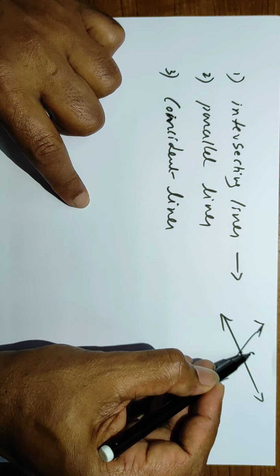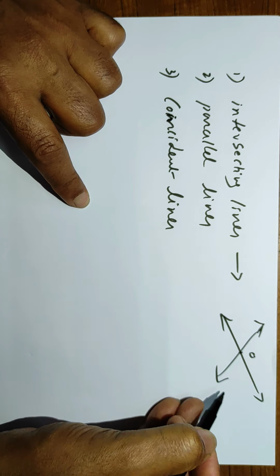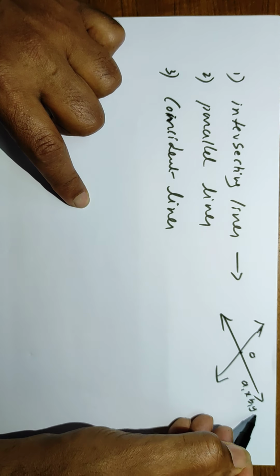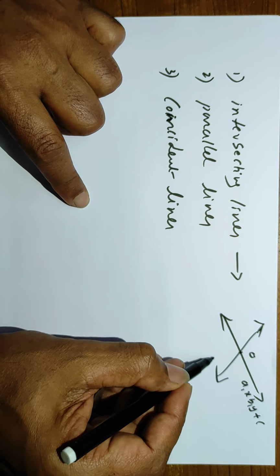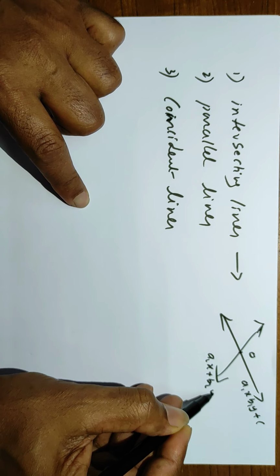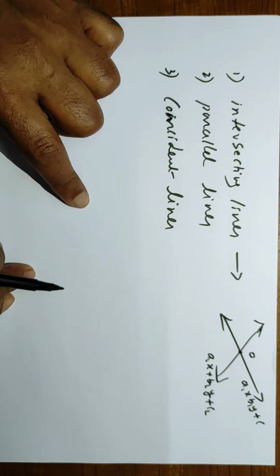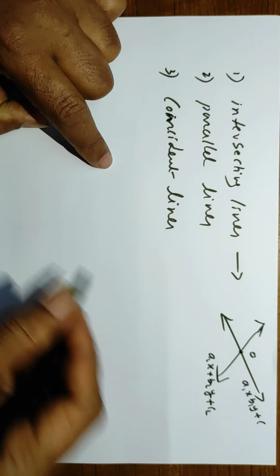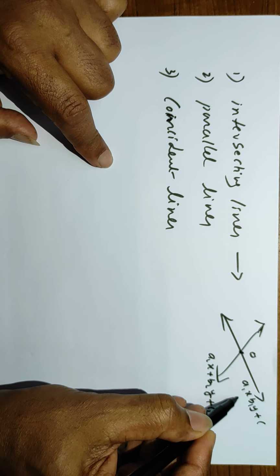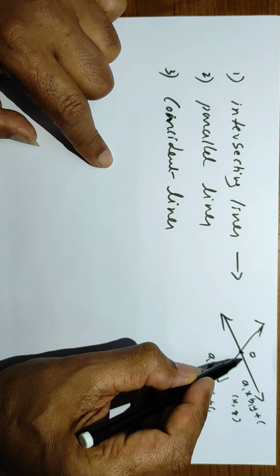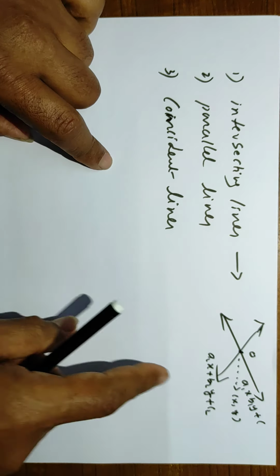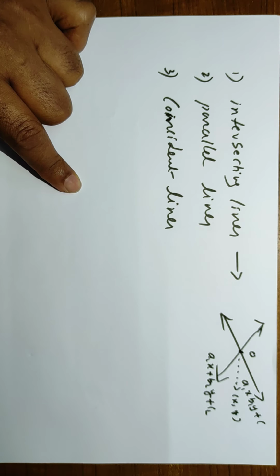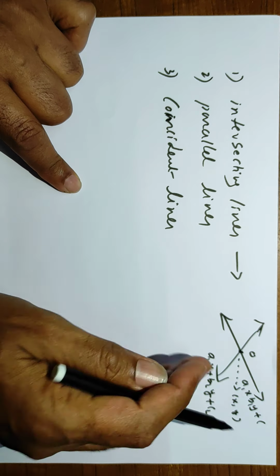This point of intersection of two graphs, for example, this is for a1x plus b1y plus c1, and this is a2x plus b2y plus c2. The point of intersection of these two graphs is the solution. We have to take the x coordinate as well as y coordinate of this point of intersection. That will be the solution for the pair of linear equations in two variables in this case.